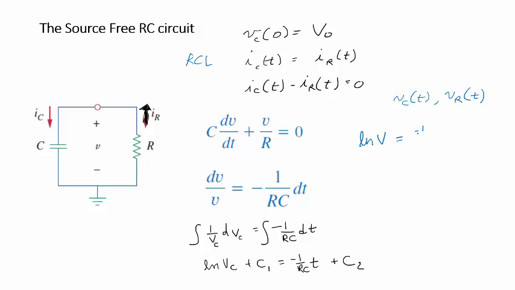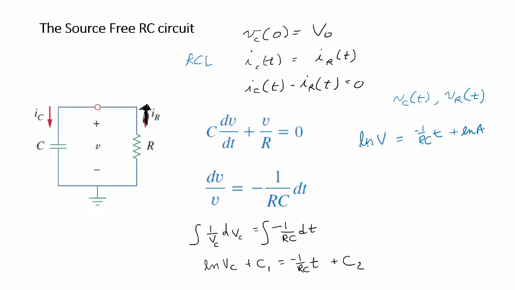equals minus 1 over RC t plus, and I'm going to add up constant 1 and constant 2 and just call it a constant. But there's no reason why I can't take the natural log of the constant either. And that's still a constant, isn't it? A natural log of some constant is still a constant.